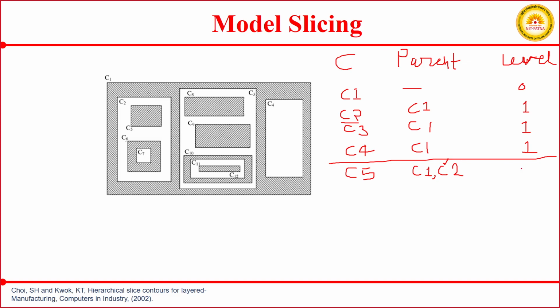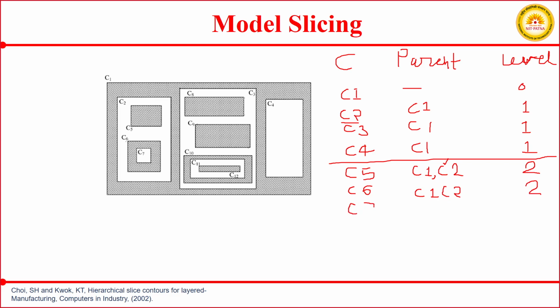So now we need to increase the level by 1. So the level will be 2, right? Then it comes to C6, the next contour. For C6, who are the parents? C1 is also there and C2 is also there. The level would again remain the same, 2, right?